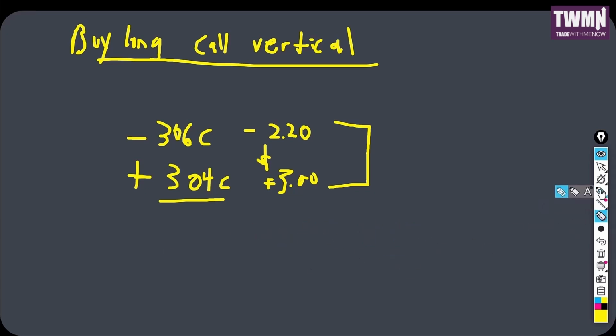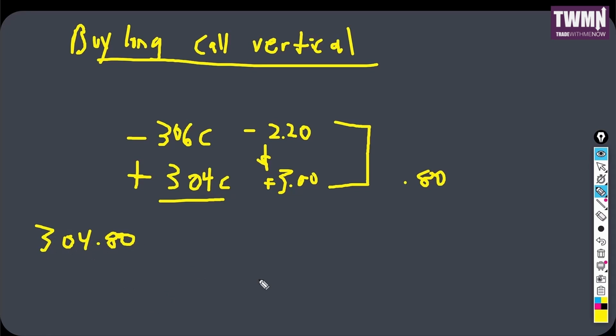So let's just take a look at what the result of that would be and compare a vertical to a straight up call. So here, the break even on this particular strategy is you would take the 80 cent cost and you add it to this call here. So your break even is 304.80.